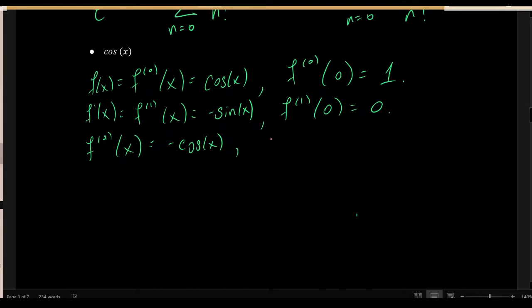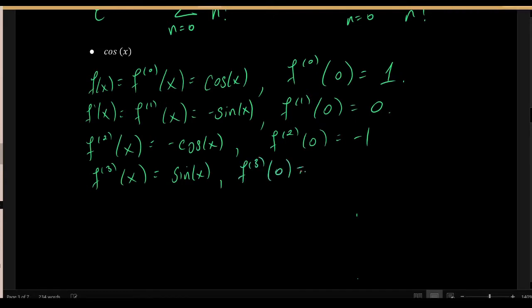And if I plug 0 into negative cosine, then the result is negative 1. Then the third derivative, the derivative of negative cos, is positive sine. And if I plug 0 into that, then 0 is the result.